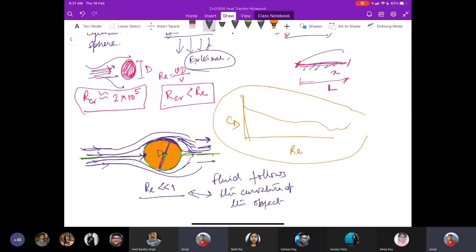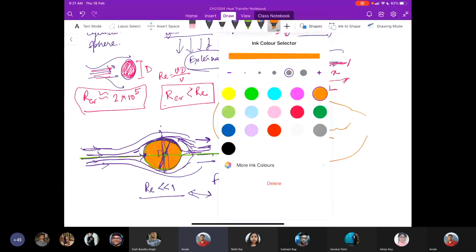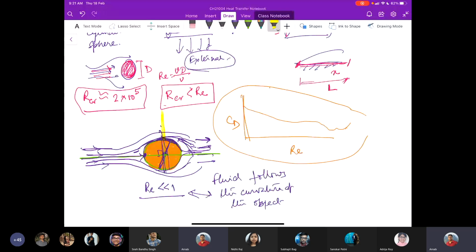But as you increase the Reynolds number, what will happen? The fluid will wrap around the frontal area of the object, but then it starts to detach from this area, at these positions. Okay, that is the top and bottom surfaces of the cylinder.